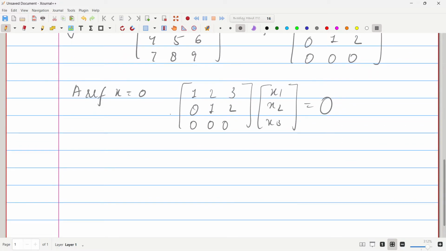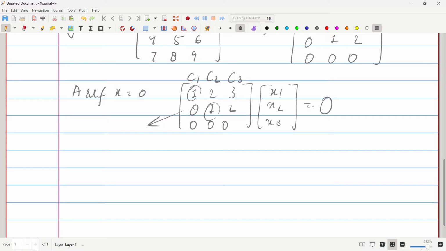Now you have to find the dependent and independent variables. The column which contains the identity element is a dependent variable, and the column which does not contain the identity element is an independent variable. So we can see column 1 and column 2 are dependent variables, whereas column 3 is an independent variable.